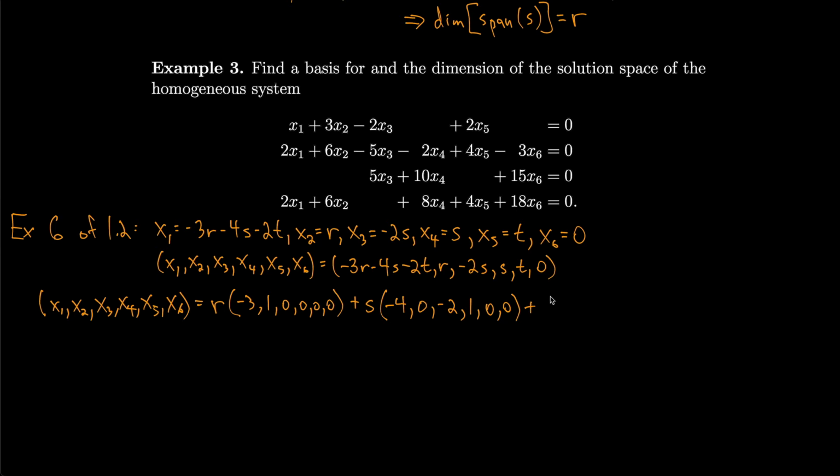And then we'll add that to t times, well, it's minus 2 t's in the first one, then there's no t's for the next 3, and then there's 1 t, and then the 0.